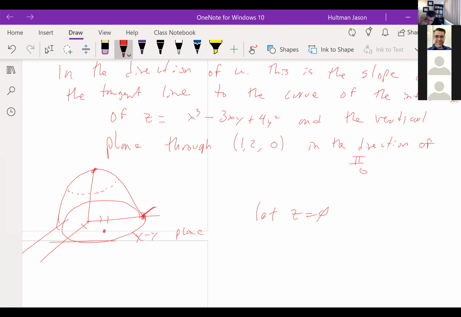Oh, because it's saying this is the derivative of the trace of f of xy on the plane through the vertical plane. Why is that saying it's a vertical plane when it should be a horizontal plane? Let me look at the book real quick, to get the definition correct.